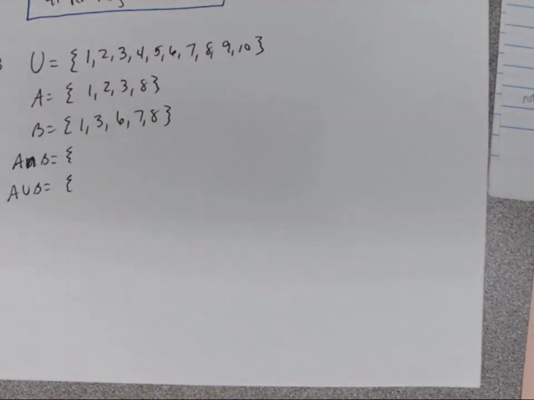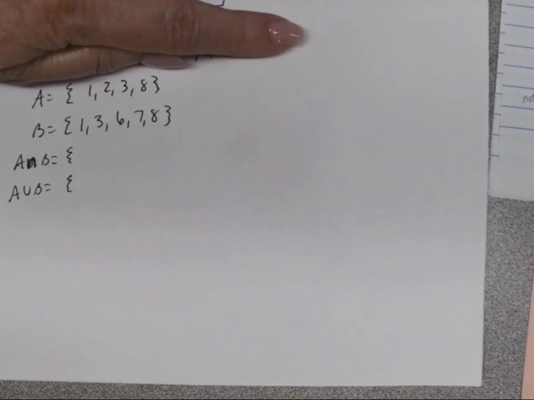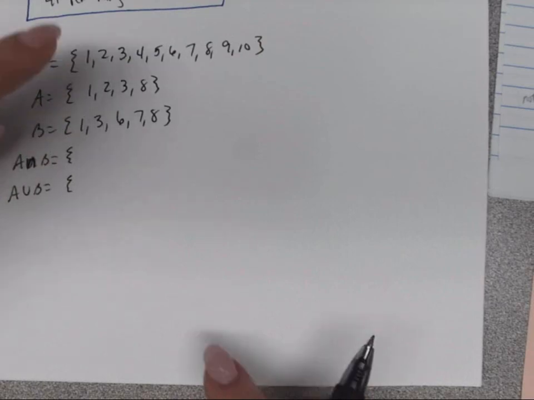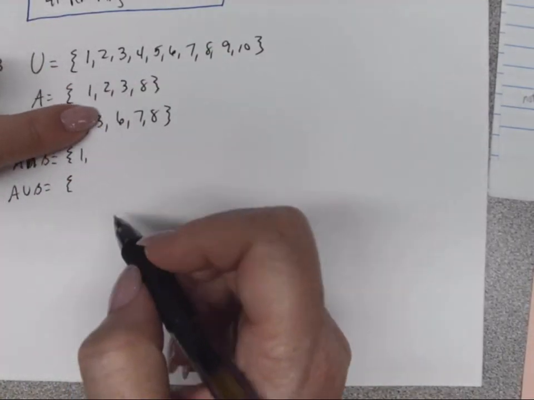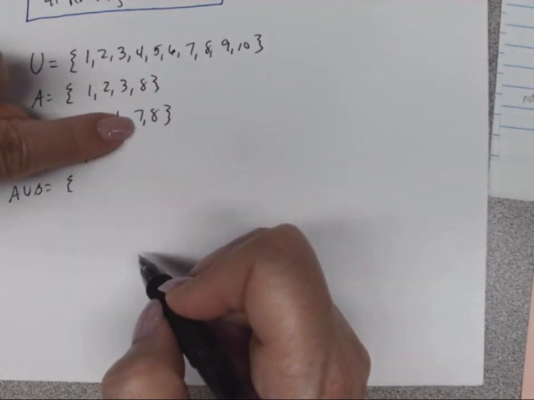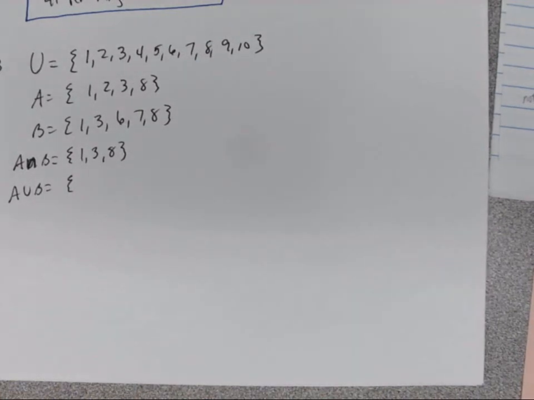All right, so in common between A and B, we're not looking at the universal set, we're just looking at A and B here. So A intersect B, that's going to be, they both have 1. They both don't have 2, but they both have 3. They both don't have 6 or 7, but they both have 8. Now all together, we can write this again in numerical order, or we can add on.